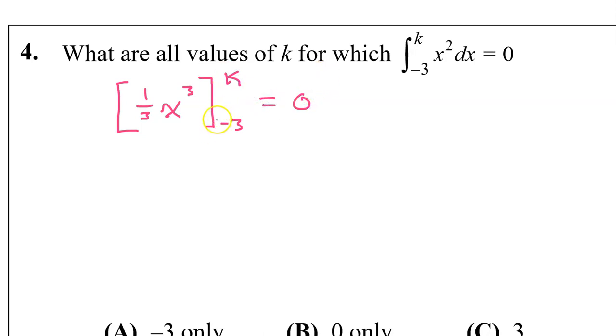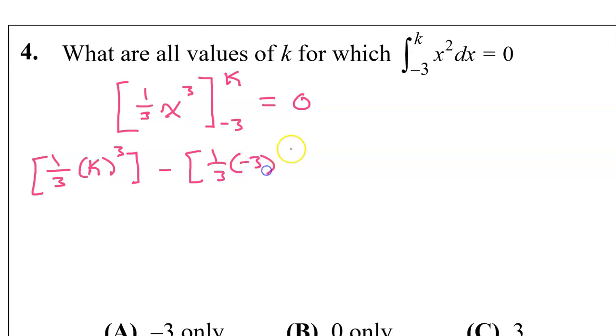But the way we evaluate is we find the value at the upper limit, and then we subtract the value at the lower limit. So we will do 1/3 times k to the third power, and then minus 1/3 times negative 3 to the third power.